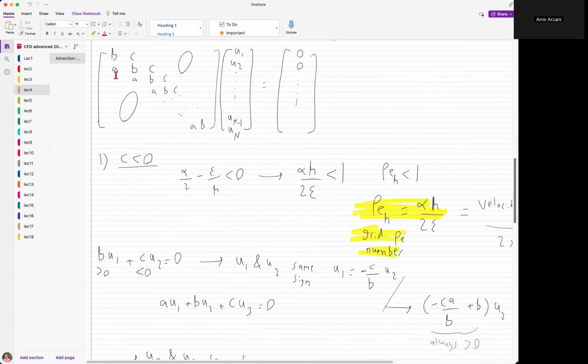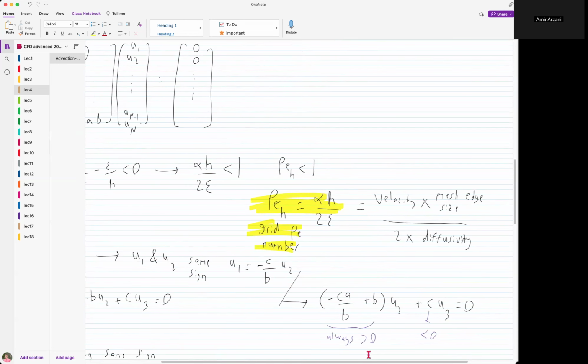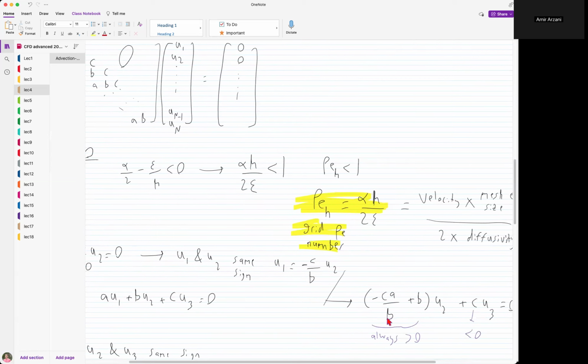And I can write the next equation that I get from this linear system of equations. As you can see here, if you plug the first one into the second one, and you look at the terms given the signs, where we assume C to be negative, and this term you can easily convince yourself is always positive. So then you will see that again, U2 and U3 have the same sign.